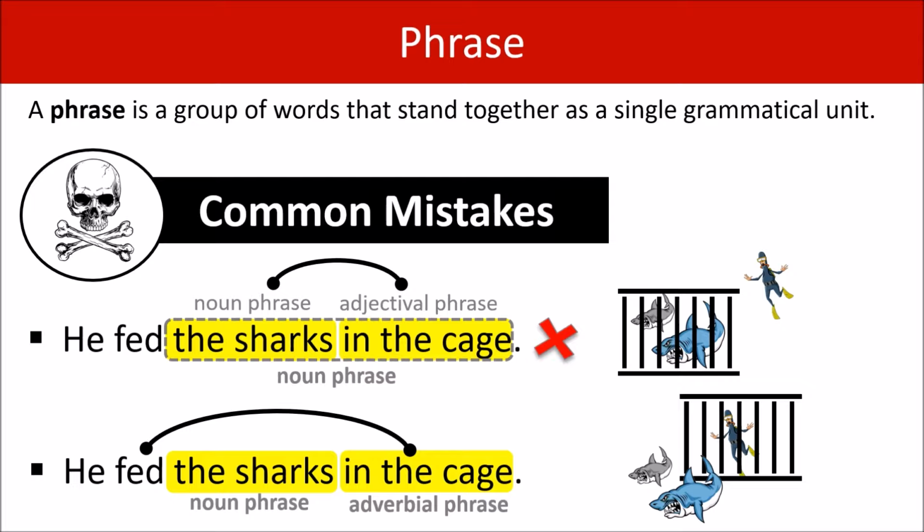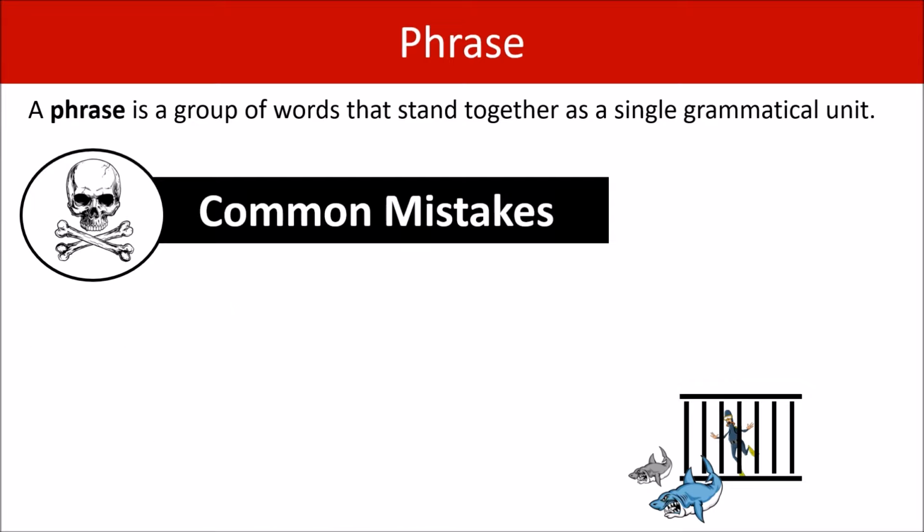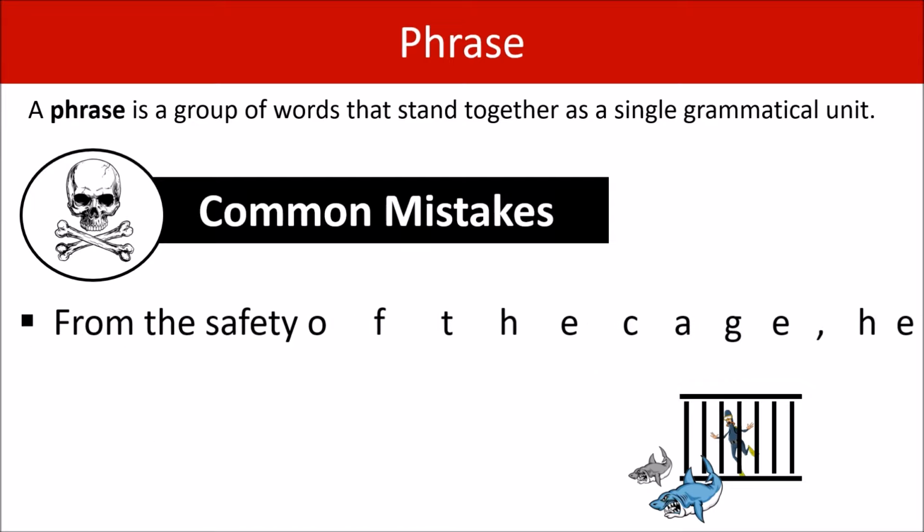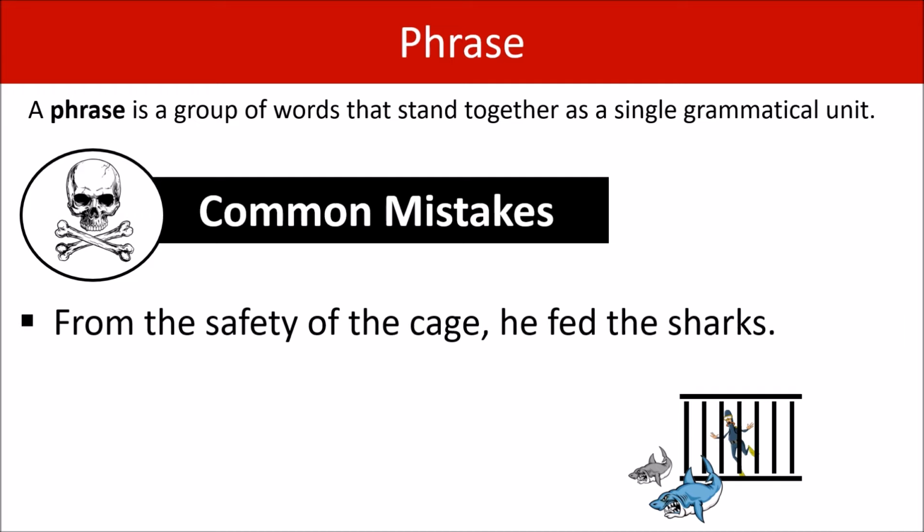So let's reword the sentence. From the safety of the cage, he fed the sharks. Now we have our adverbial phrase up front. We've kept it away from the word sharks because it's not modifying the word sharks. It's modifying fed.